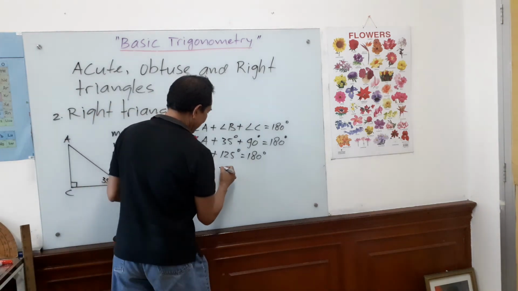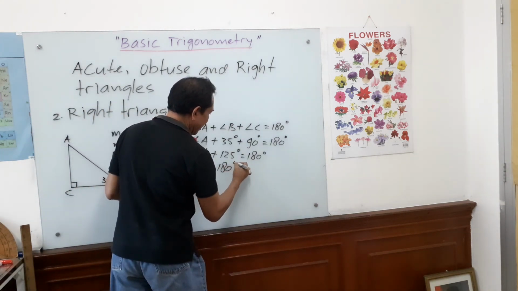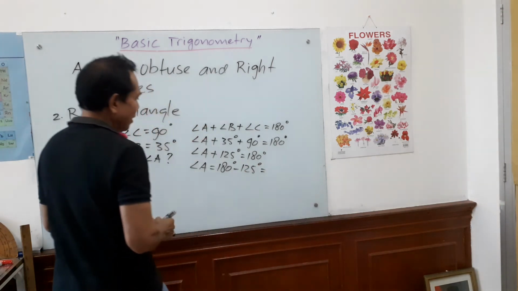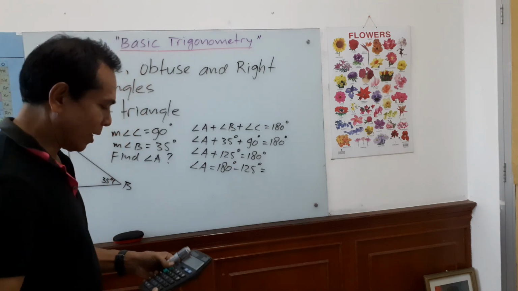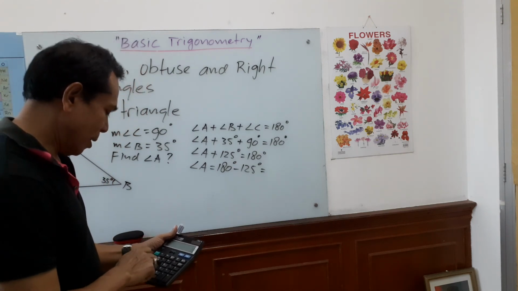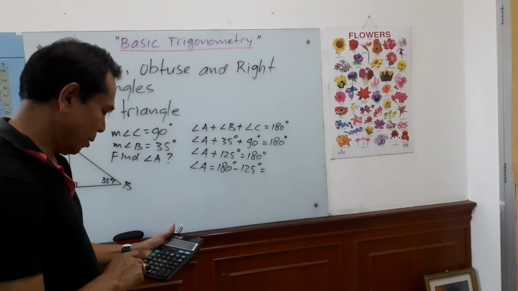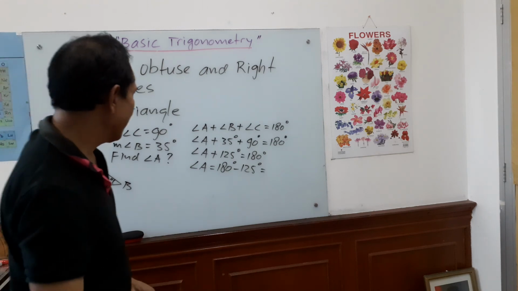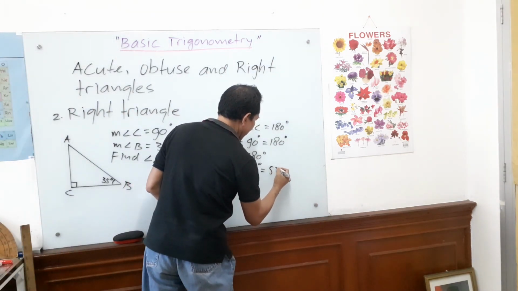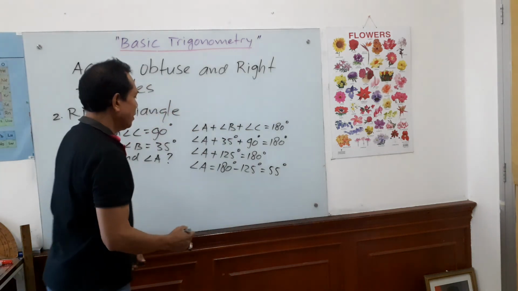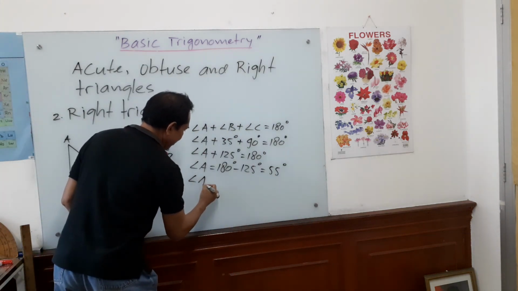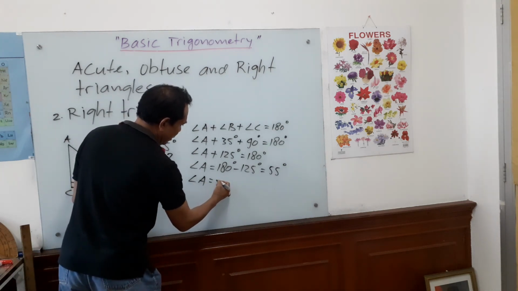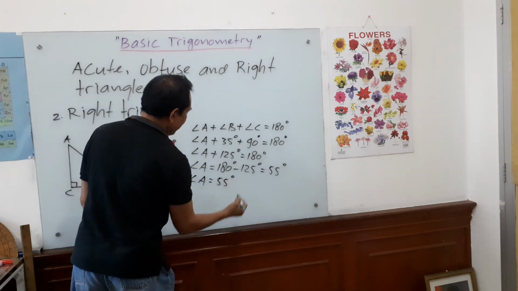So it becomes 180 degrees minus 125 degrees equals, to make it faster, you can use your calculator. 180 minus 125, 55. 55 degrees. So angle A equals 55 degrees.